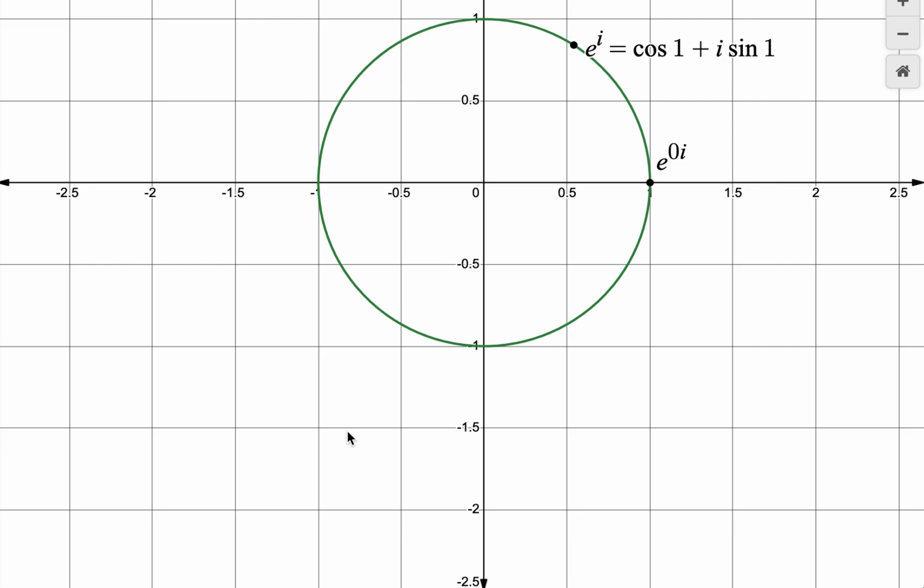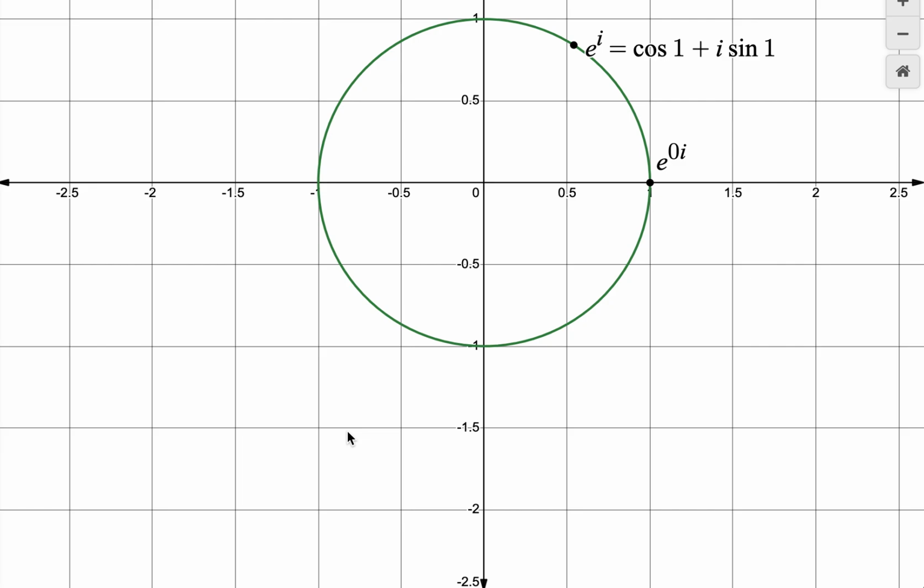And if I take the value of e raised to i, it is coming to the same thing, and that's why it is being represented as e raised to i. It is rotating. If I go from e raised to 0i to e raised to i, it rotated by a magnitude of 1 radian. That's what e raised to i is representing.